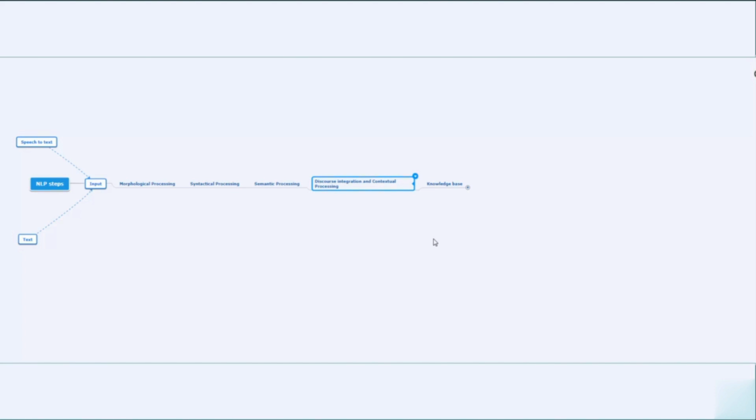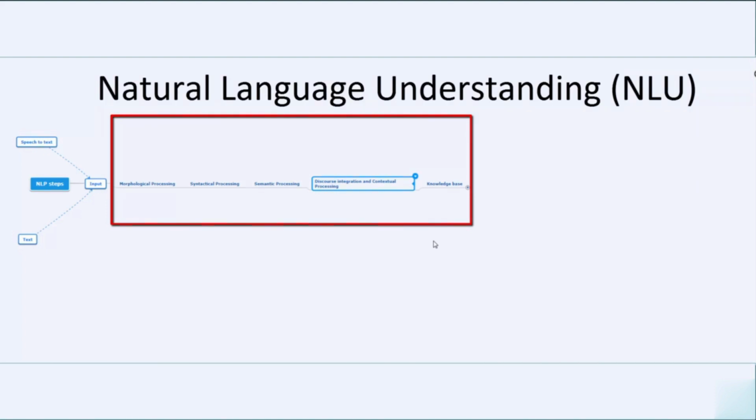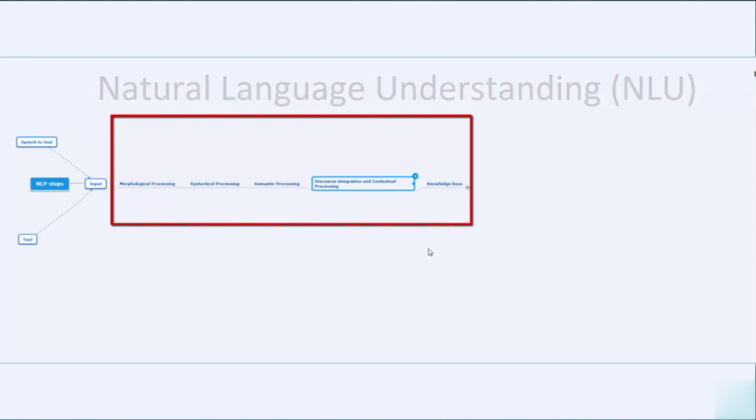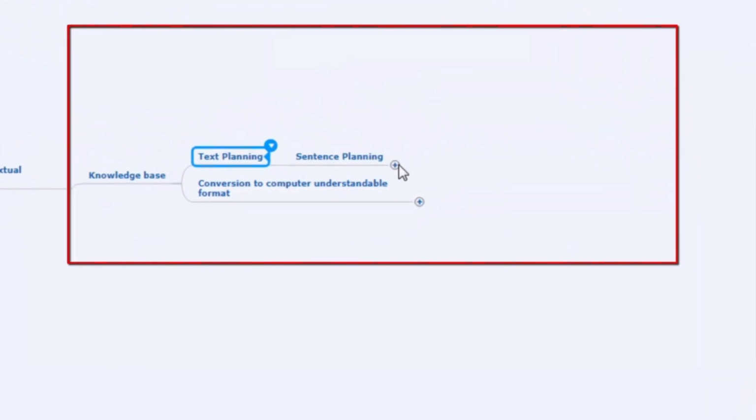NLP has two different stages. The stages we have seen so far can be categorized as NLU, Natural Language Understanding. The next stage is called Natural Language Generation. The NLP processes use similar methods and techniques to generate text, or generate an output this time. Now, this can go in a couple of ways.